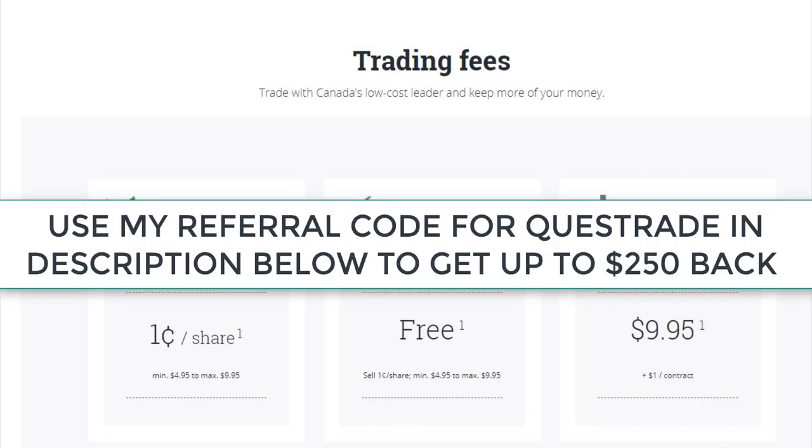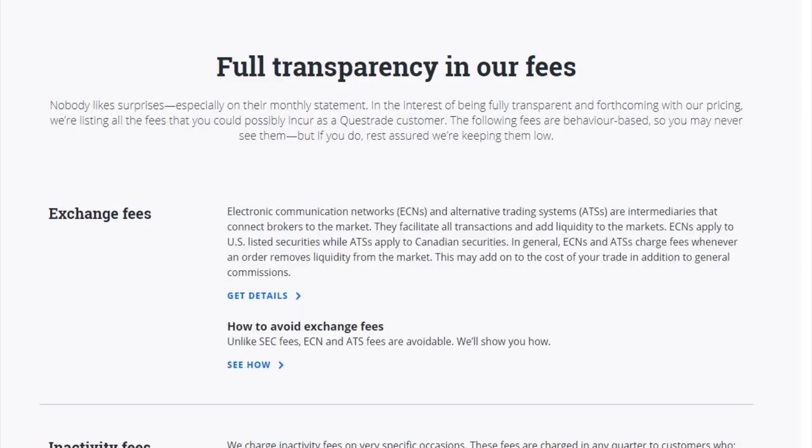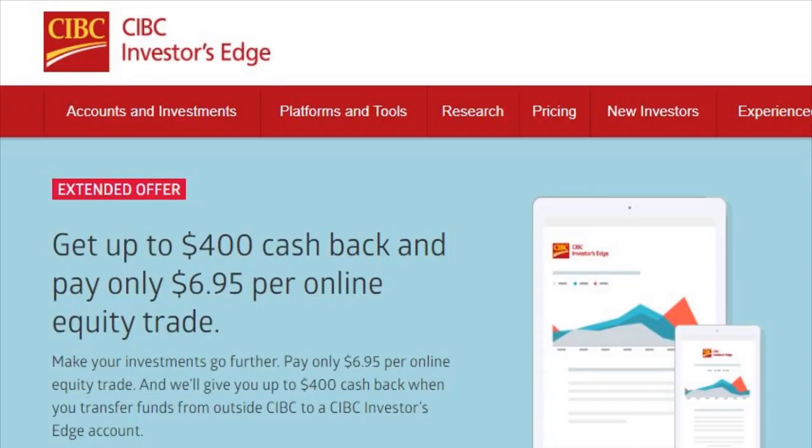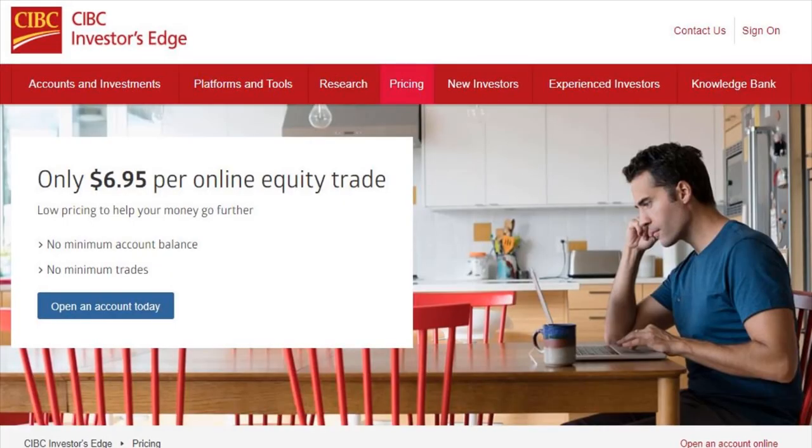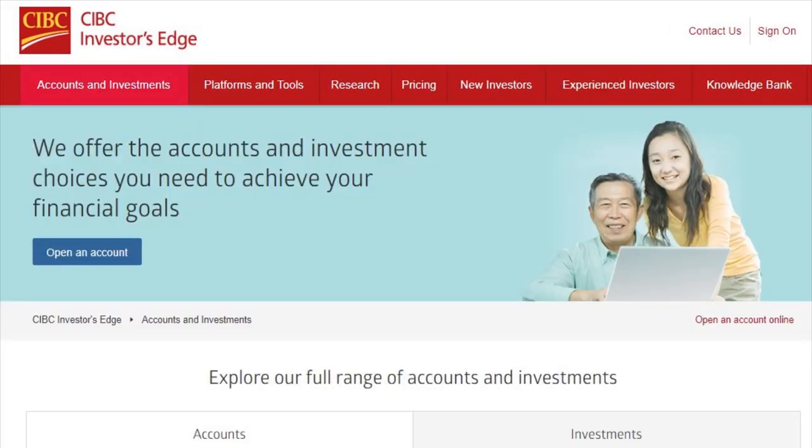And sometimes choosing a broker that's related to your current bank can be better, even though it might cost you a little bit more in commissions, because you can transfer your money to that broker the same day, immediately. So for example, if you have an account with CIBC and you open an online broker with Investor's Edge, let's say your money's in your savings account in CIBC and you decide that today you want to buy a stock, you can do that same day by transferring your money from your CIBC savings account to your Investor's Edge trading account.